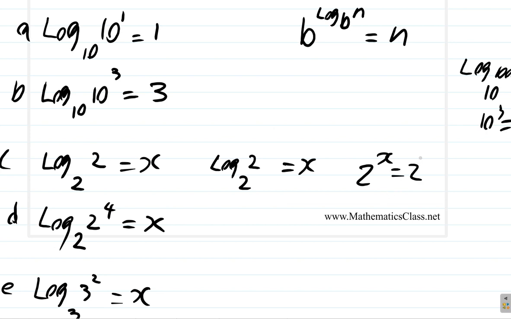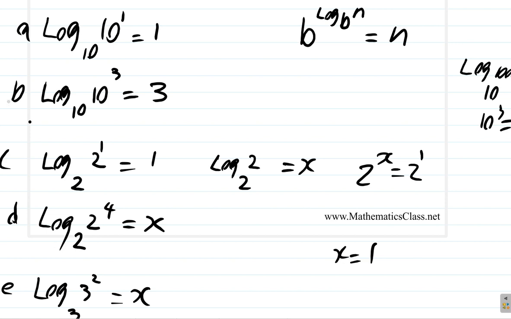Because 2 is just 2 to the 1. So in this case, x is 1. So you can remove this x and put 1 there, because the power of this 2 here is 1. All right? And you can see that.